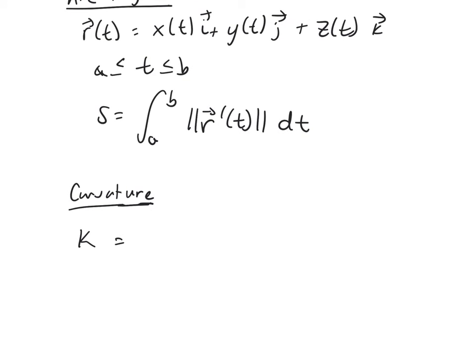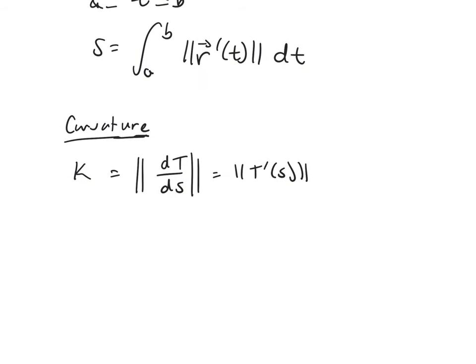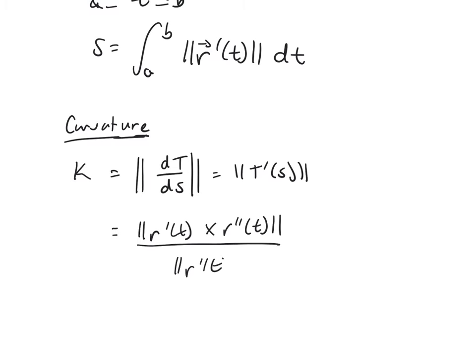So you could find it in terms of the derivative of your unit tangent vector with respect to arc length, so T prime of s. But usually your unit tangent vector is not in terms of arc length. So another way you can find it is it's the magnitude of r prime cross r double prime over the magnitude of r prime cubed.